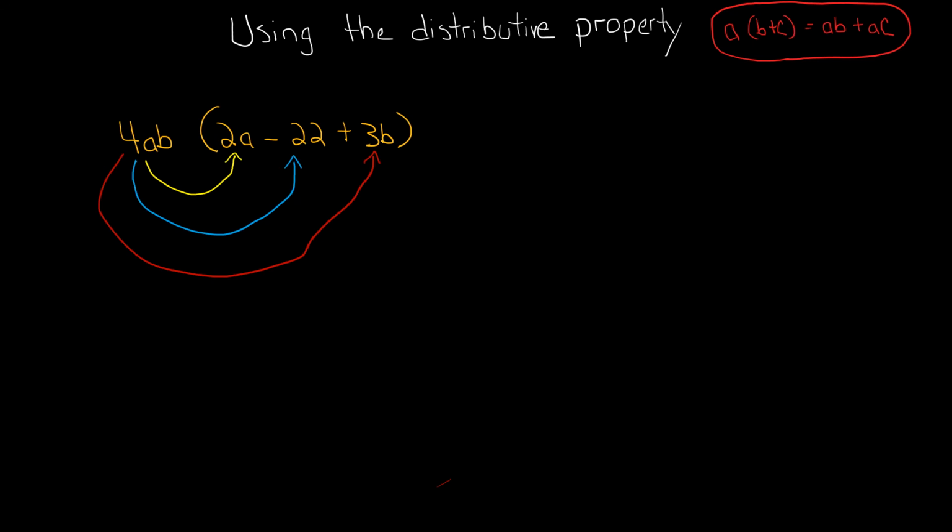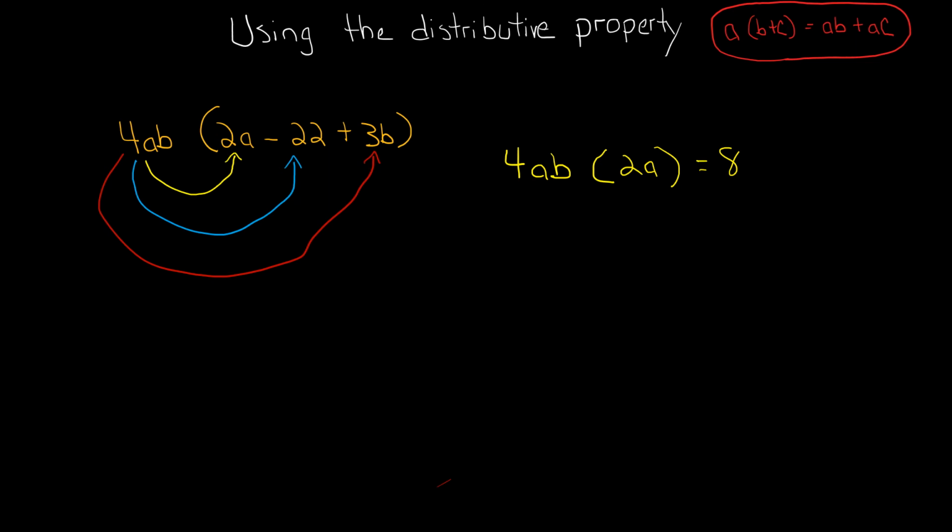So 4ab, I'll do the first one, 2a, which has the yellow arrow. So 4ab times 2a. Let's evaluate that. We know that 4 times 2 is 8. A times A, remember now, we have two bases that are the same. Anytime you multiply a base that has the same base, you have to add their exponents.